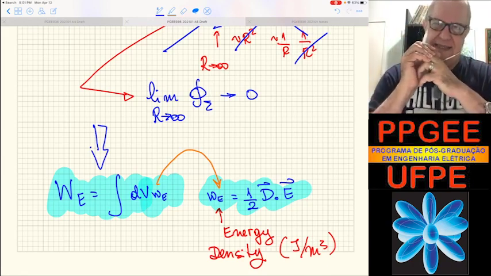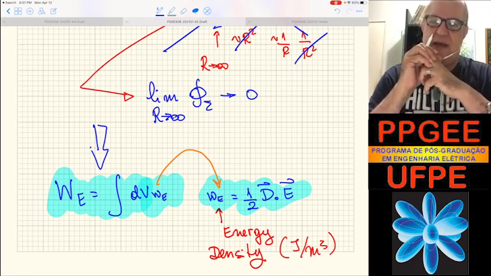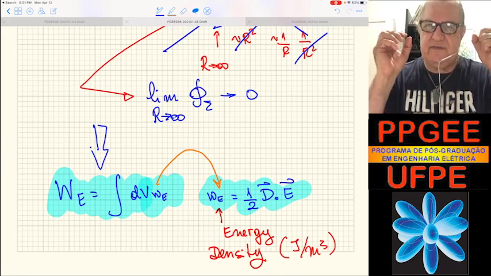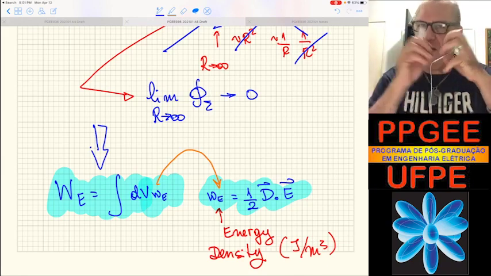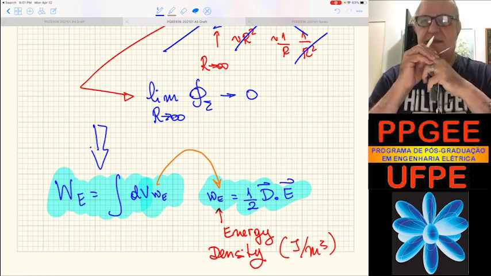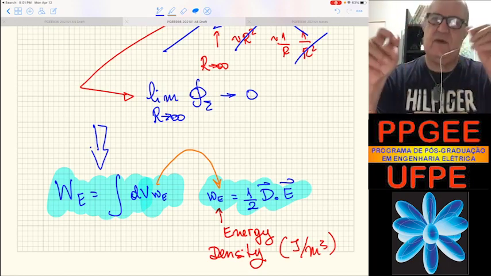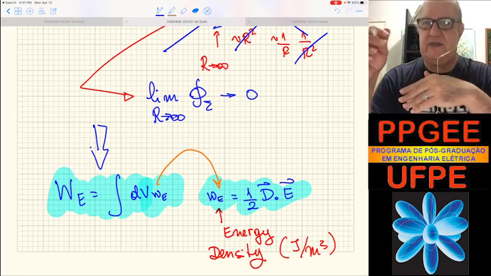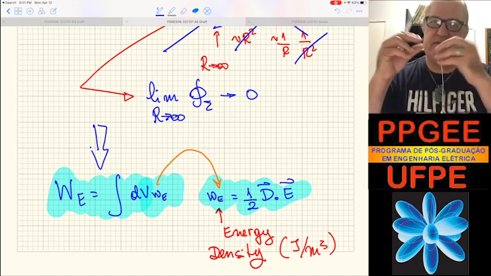So high field intensities are related to high energy density regions. A point charge there is going to be repelled or pulled very strongly, right? And low field intensity regions are points with low energy densities.